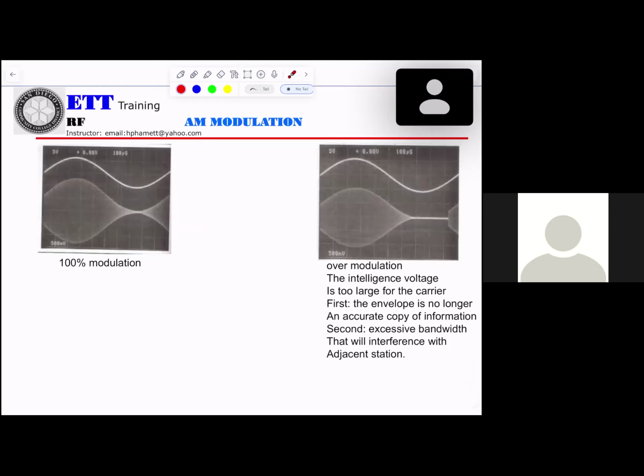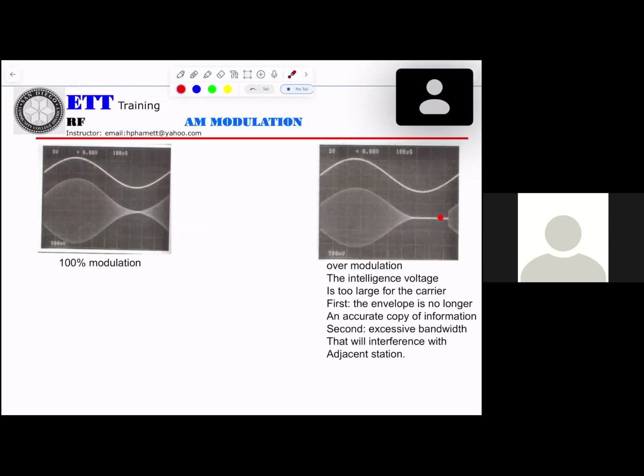And now you can see 100% modulation. And this is also over-modulation. You can see the signal, your voice right here on the top. And this is the carrier. So you see both. And you can see over-modulation.